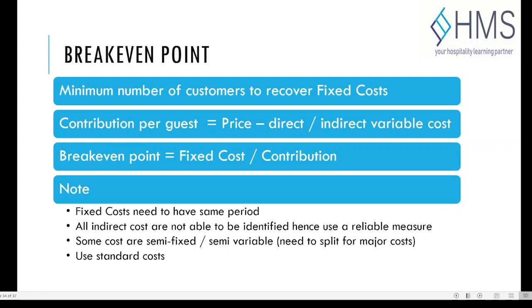All the indirect costs that are not able to be identified, you have to use a reliable measure. And certain costs are semi-fixed, so you need to split up the major cost and put them into direct and indirect, into the contribution and also into the fixed cost, and use the standard cost. You cannot use the actual cost for this.